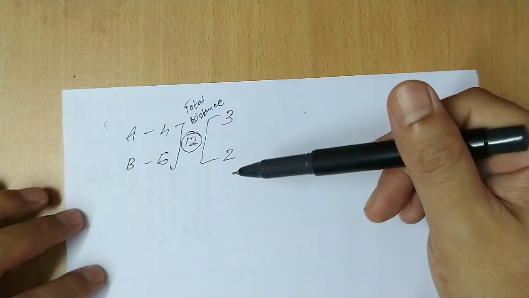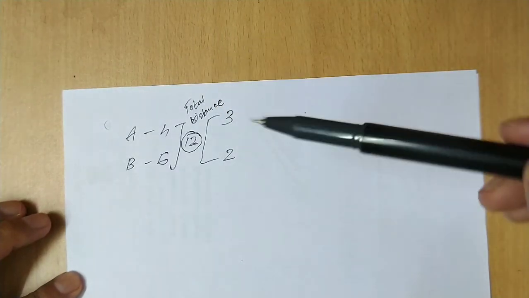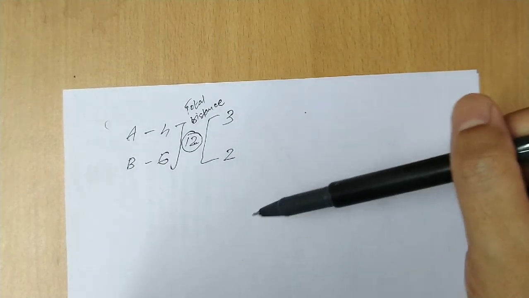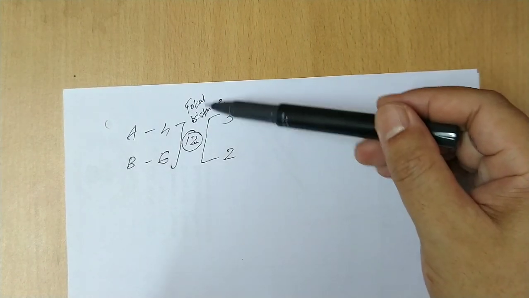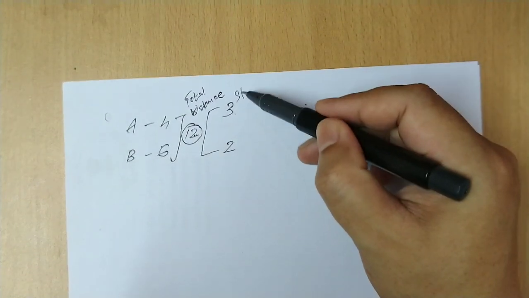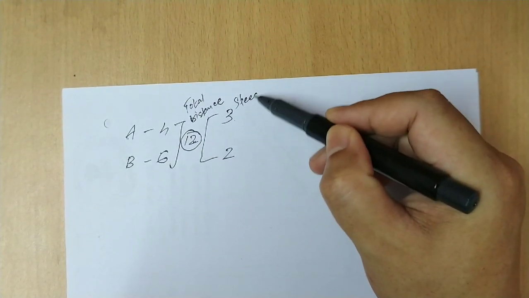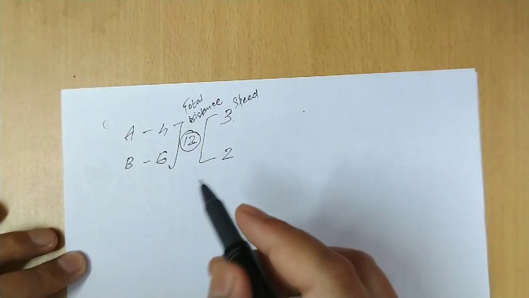Now if a candle burns completely, that means it starts from the top and finishes till the end. So let's take it as total distance. Now this 3 efficiency will become our speed, and we know the formula of time and distance.